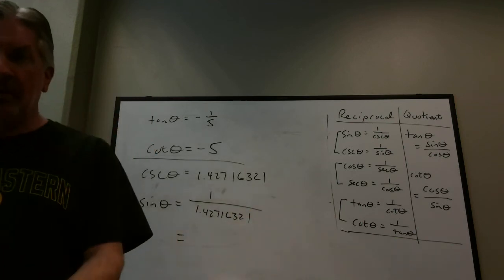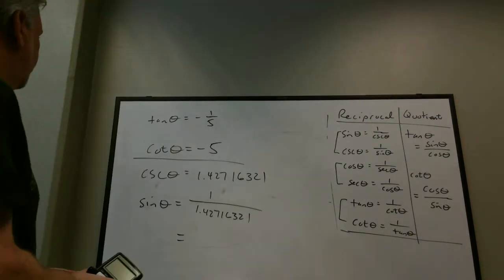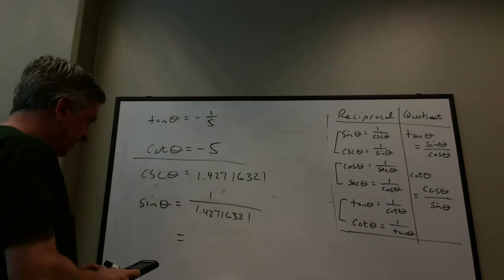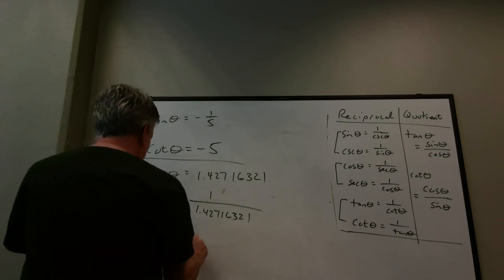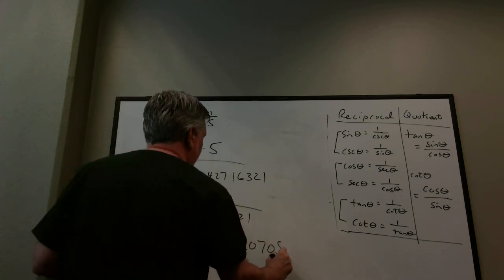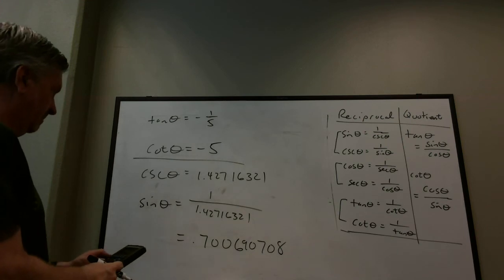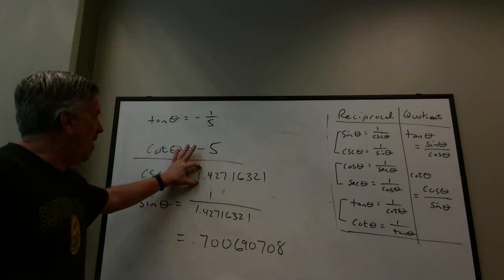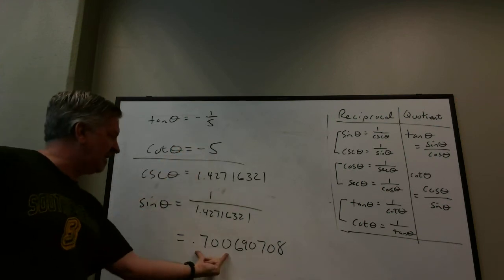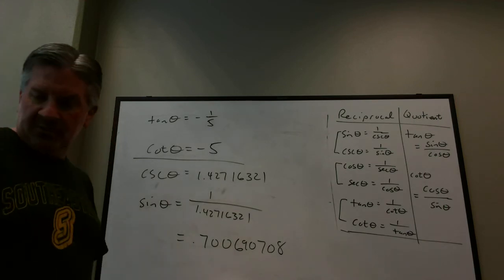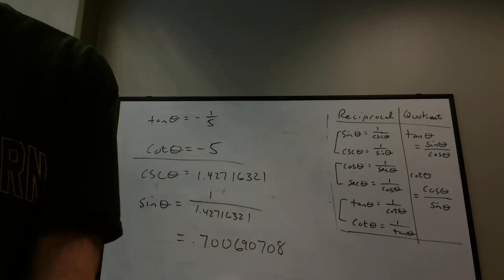But we probably want to write it in the same form. 1 divided by 1.42716321 is 0.700690708. Notice cosecant was bigger than 1, which it has to be. And notice when we found sine, sine was between -1 and 1. Okay, so that works out.